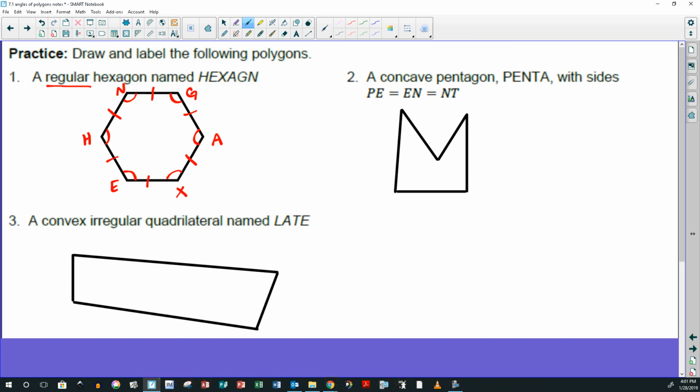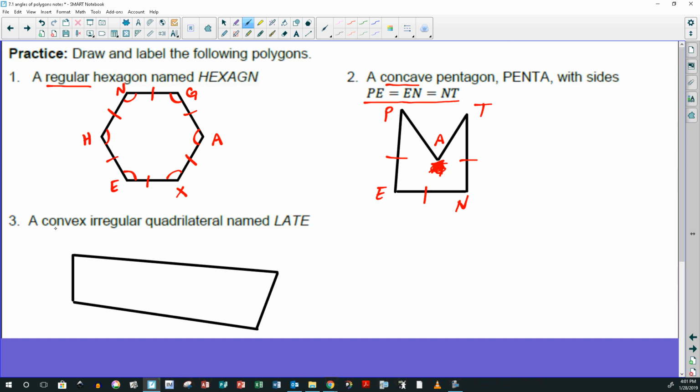In the next drawing, they want you to draw a concave pentagon, and it has the stipulation that these 3 sides have to be congruent. So if I said, well, these 3 sides are congruent, so P, E, N, T, A. Oops, that's supposed to be an A. P-E-N-T-A.